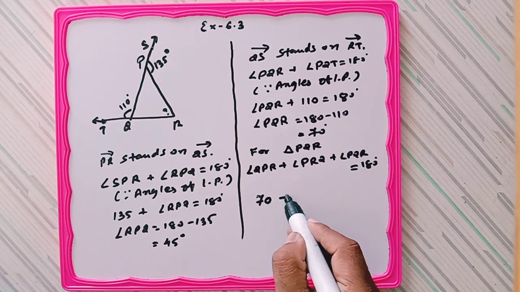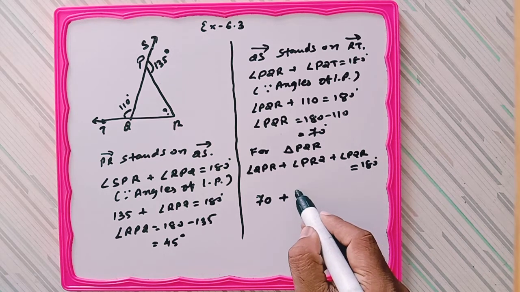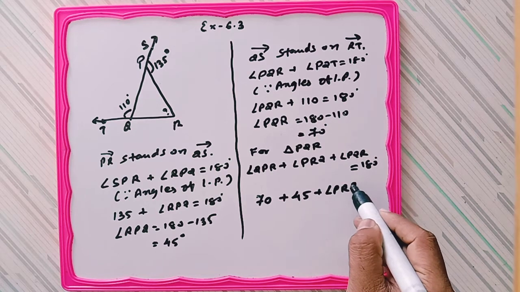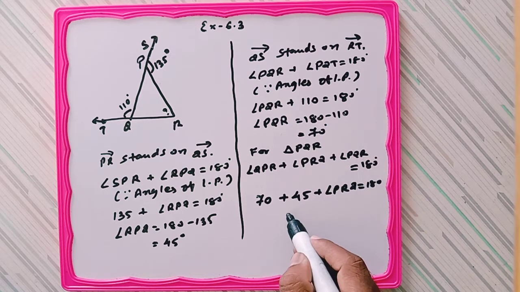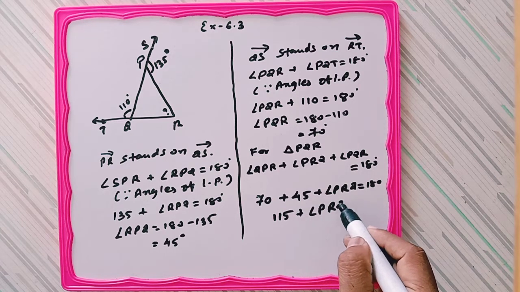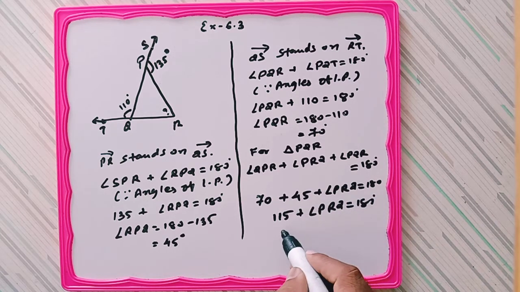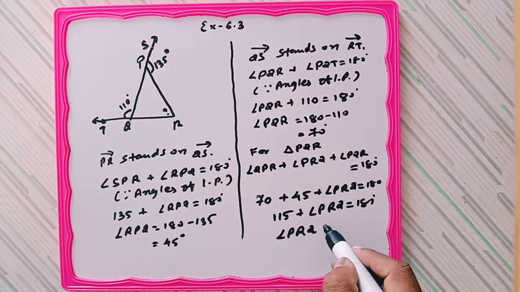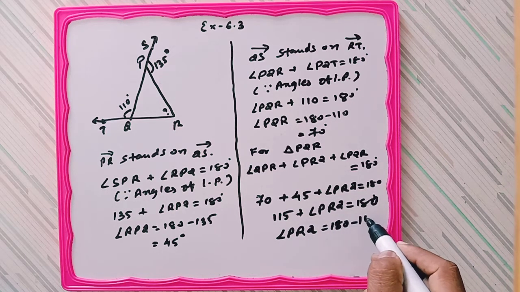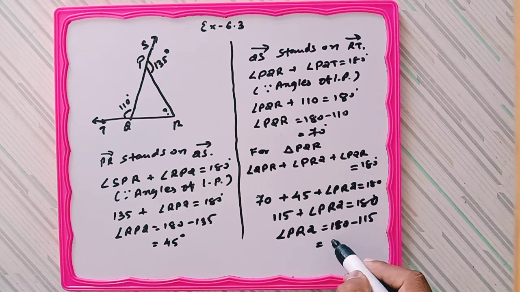PQR we got 70, QPR we got 45, plus angle PRQ we have to find equals 180. So this is 115 plus angle PRQ equals 180, and therefore angle PRQ equals 180 minus 115, which is 65 degrees.